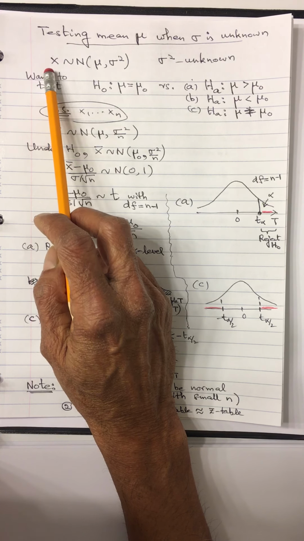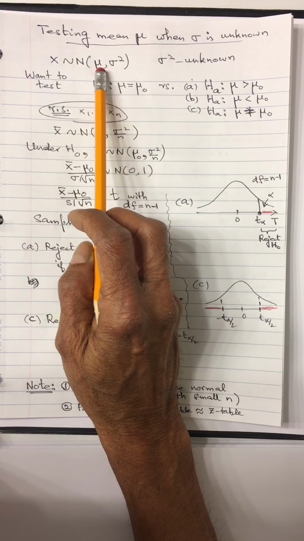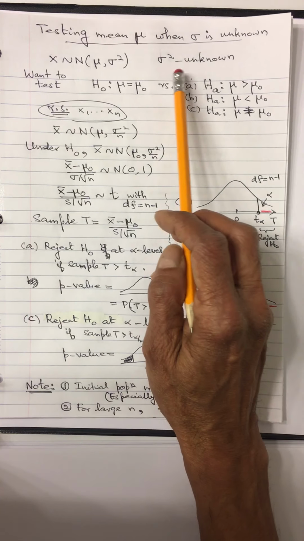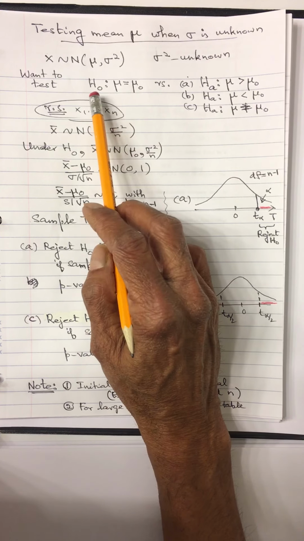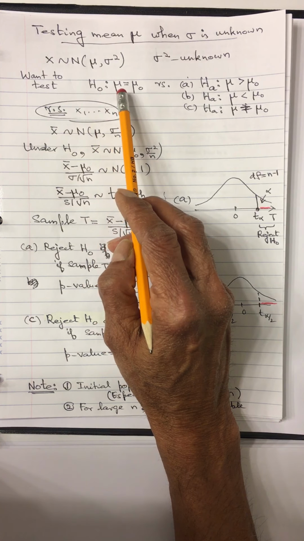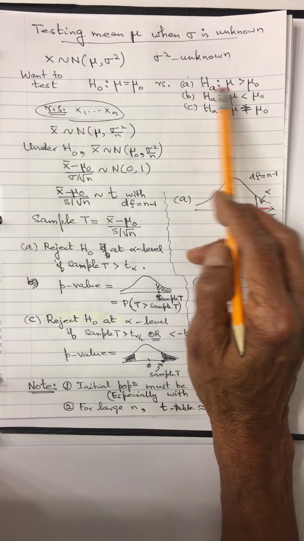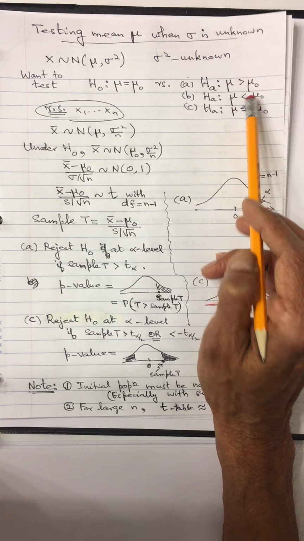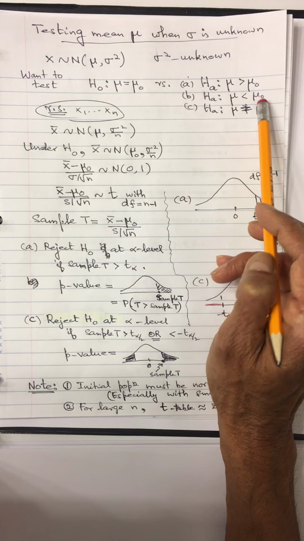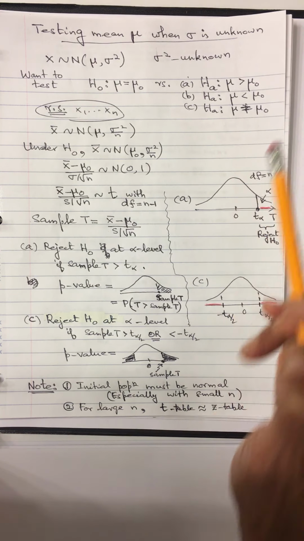So we assume that X has a normal distribution with mean mu and variance sigma squared, where in general sigma is unknown. We want to test H naught, whether the mean is equal to the given mu naught value, against all three possible alternative hypotheses: mu greater than mu naught, mu less than mu naught, and mu not equal to mu naught.